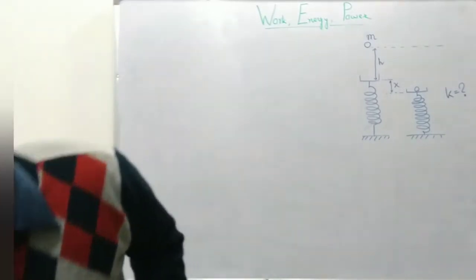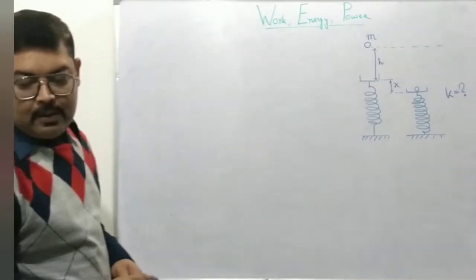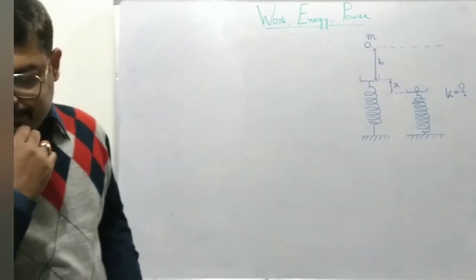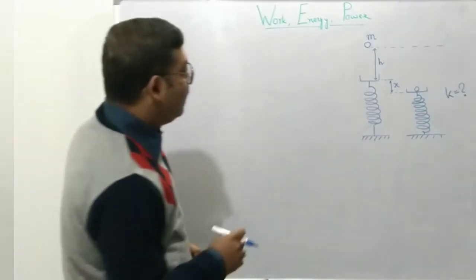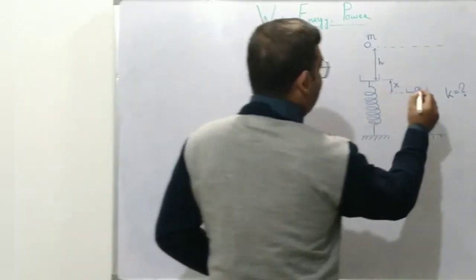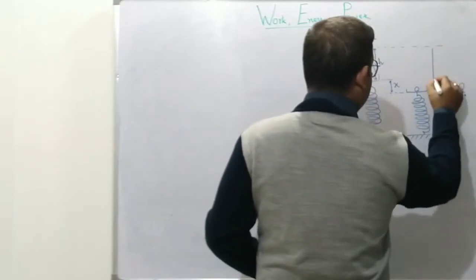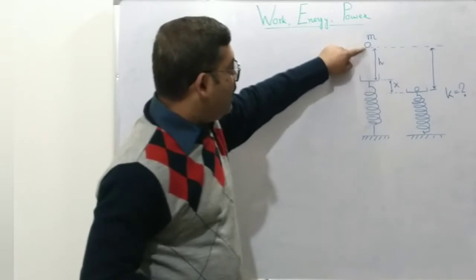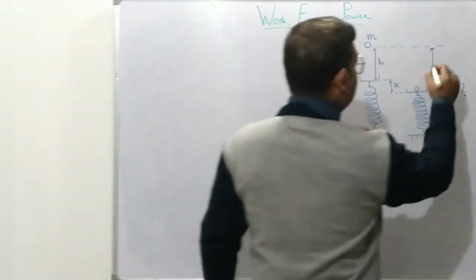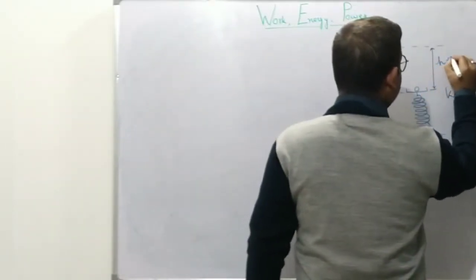So to solve this problem, what we need to find first is the total distance it has moved. The ball has dropped from here and reached this particular level, so it has dropped through a height of h plus x, right?